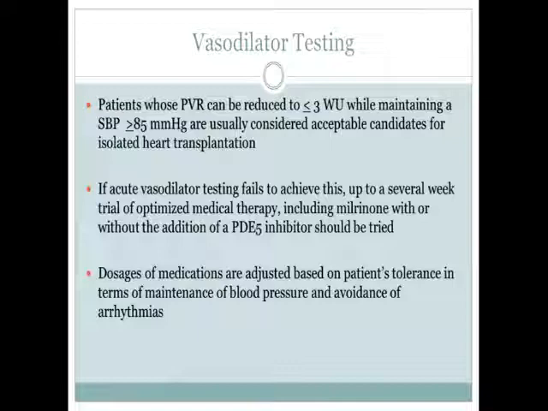So that kind of gave hope to patients with initially what was thought to be irreversible pulmonary hypertension.